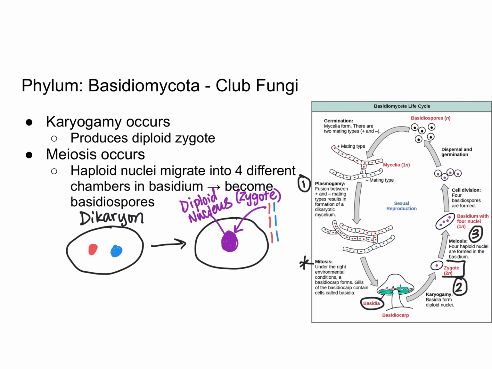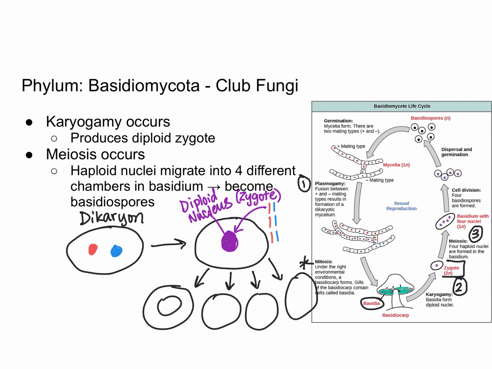And remember that with meiosis, each one of these cells is ultimately going to produce 4 daughter cells. And these daughter cells are going to have haploid nuclei, but the haploid nuclei are going to have a different arrangement of chromosomes than what we saw in the original cell that brought these cells together.